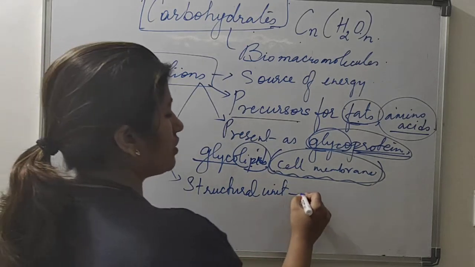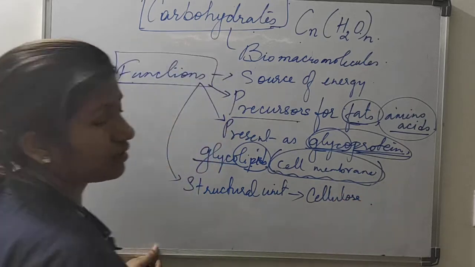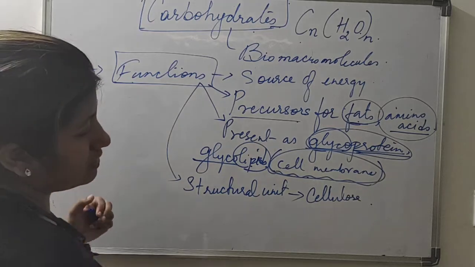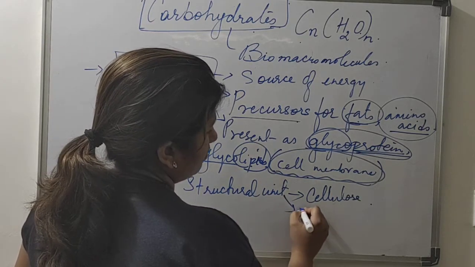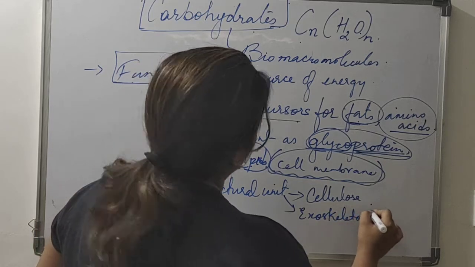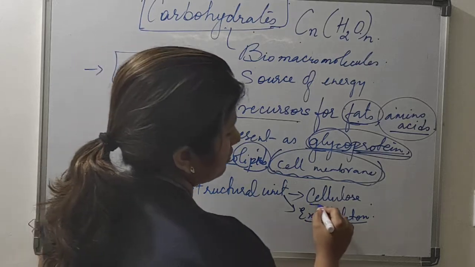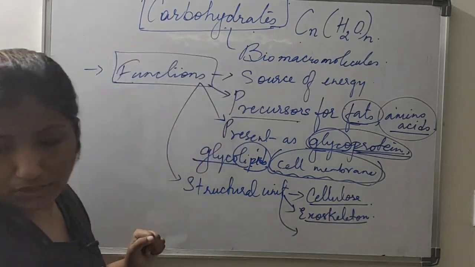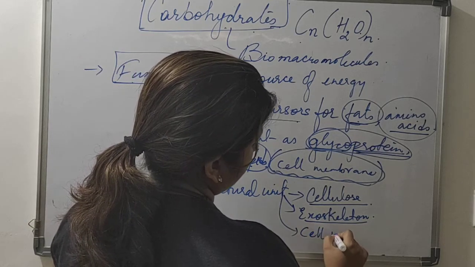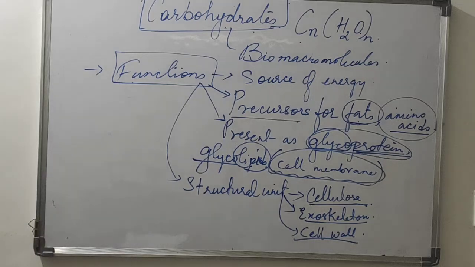Cellulose is a carbohydrate, which is a composition of the cell wall in plants. Carbohydrate also forms the exoskeleton in insects, the cell wall in plants, and the cell wall in microorganisms.